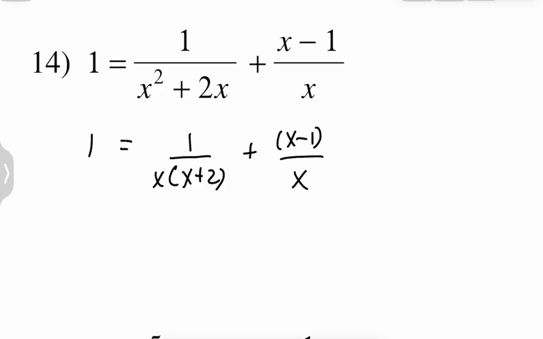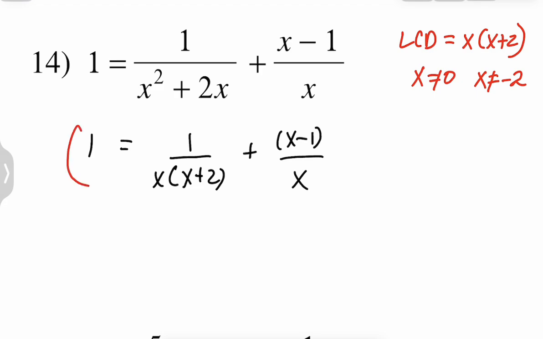So my least common denominator for this one, I need an x and I need an x plus 2. That's kind of what we were talking about a second ago. We need each of the things to appear in our least common denominator. That means our excluded values are 0 and negative 2. So if we do the process and we get an answer of 0 and negative 2, watch out. We're going to throw those ones out.